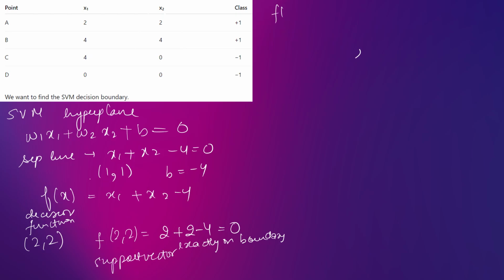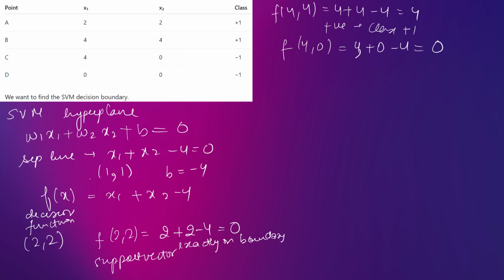Similarly, f of 4, 4 will be 4 plus 4 minus 4, that is 4. This will be positive, therefore it is of class +1. Then 4, 0 will be 4 plus 0 minus 4 is equal to 0. Same thing, this is also a support vector. But this will be of class -1.